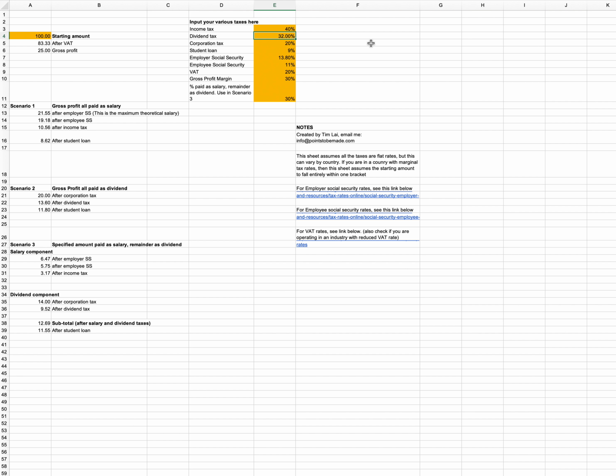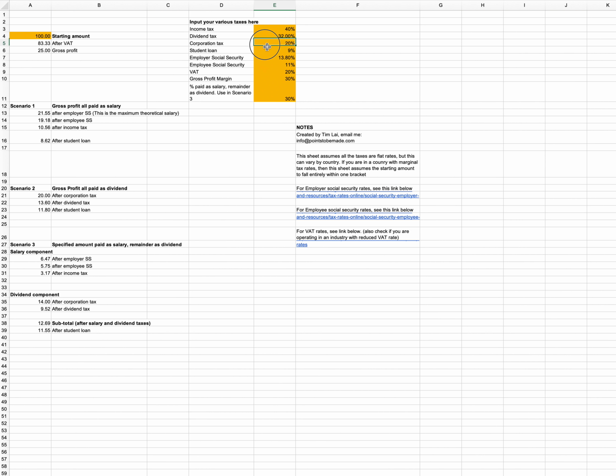Dividend tax, most countries will have a dividend tax somewhere between 15 to 35%. The UK, if you're a basic taxpayer, I can't remember what it is now because I don't live in the UK anymore. But it's about 32% if you're in the 40% salaried income tax bracket.